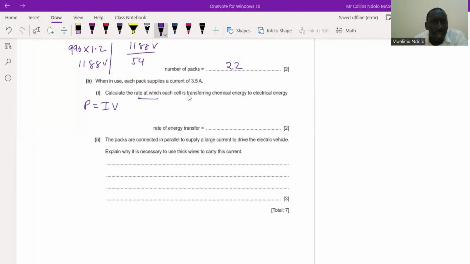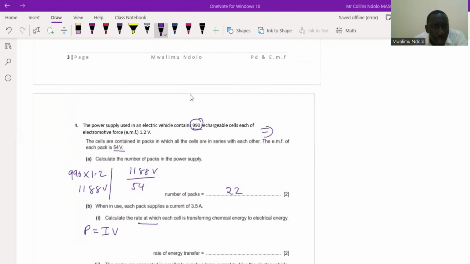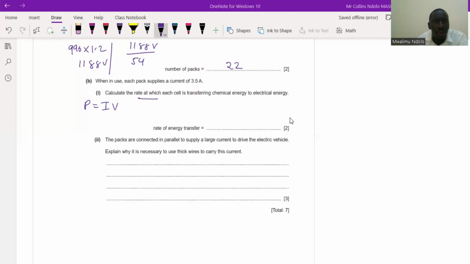We have been told up here that each cell has an EMF of 1.2 volts. Because the pack supplies a current of 3.5, and those cells are in series, the current that each cell is producing will be 3.5 amps because they're in series.